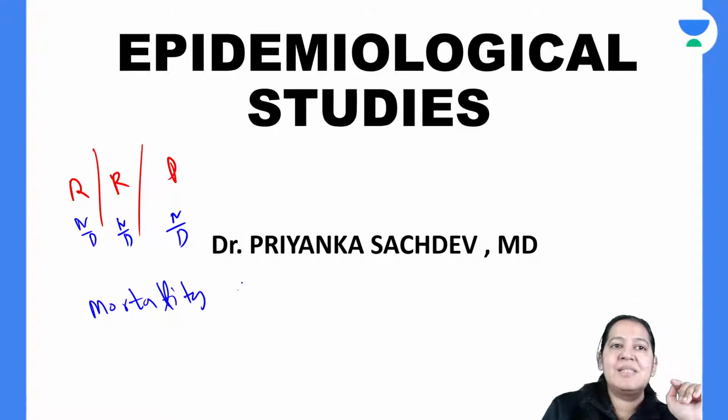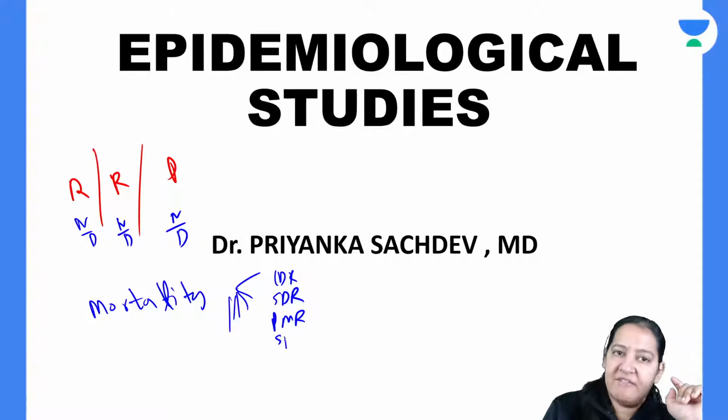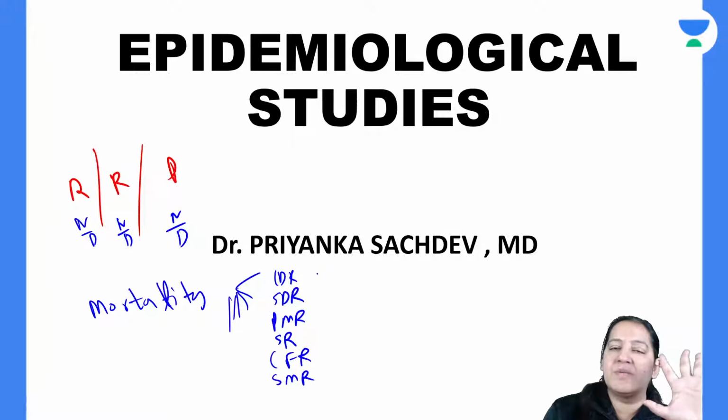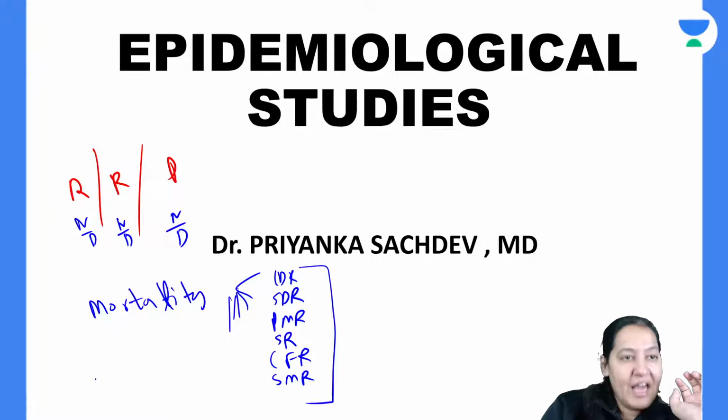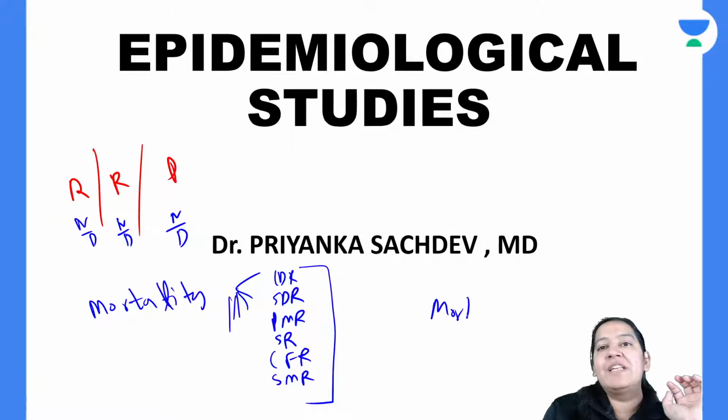We have seen 6 measures of mortality: crude death rate, specific death rate, proportional mortality rate, survival rate, case fatality rate, and standard mortality rate. We have seen which is the simplest, which is the best, which is a burden of disease, which is indicating killing power, which is positive, which is negative. We have seen everything.